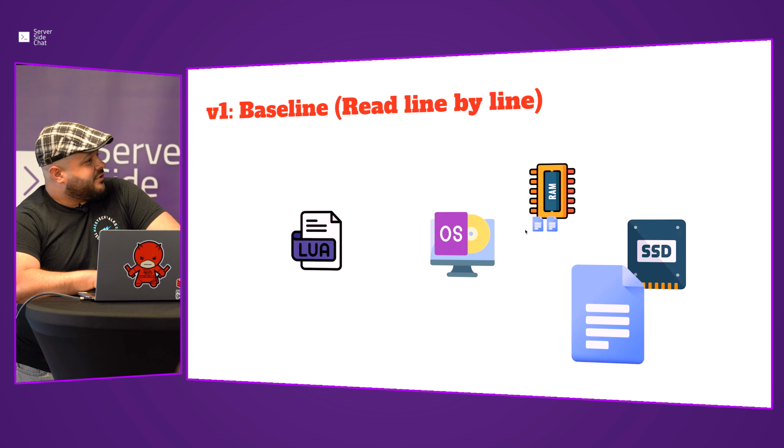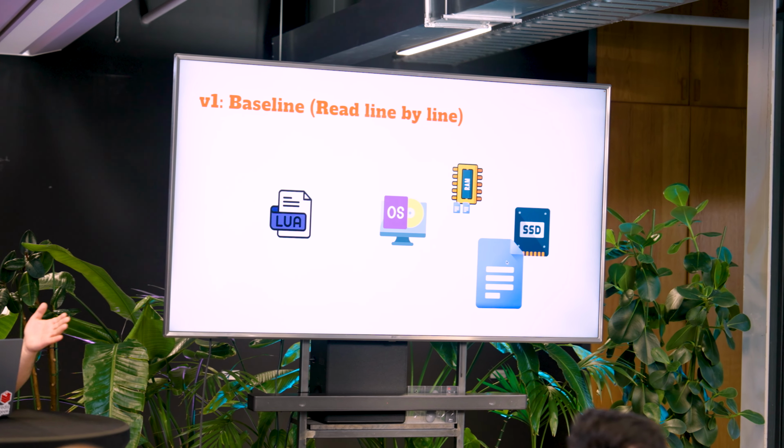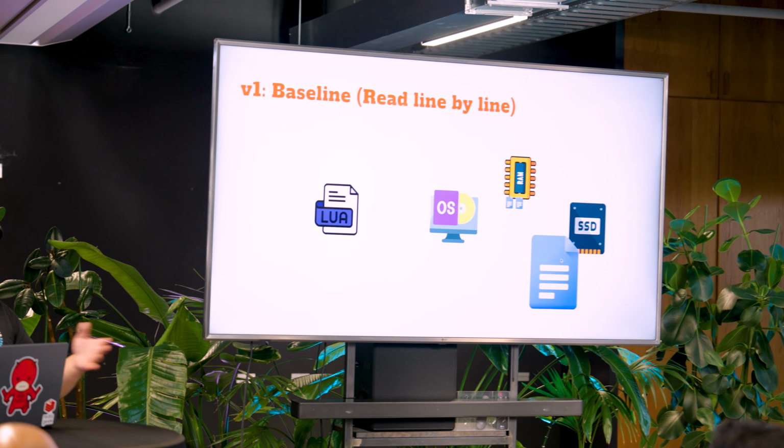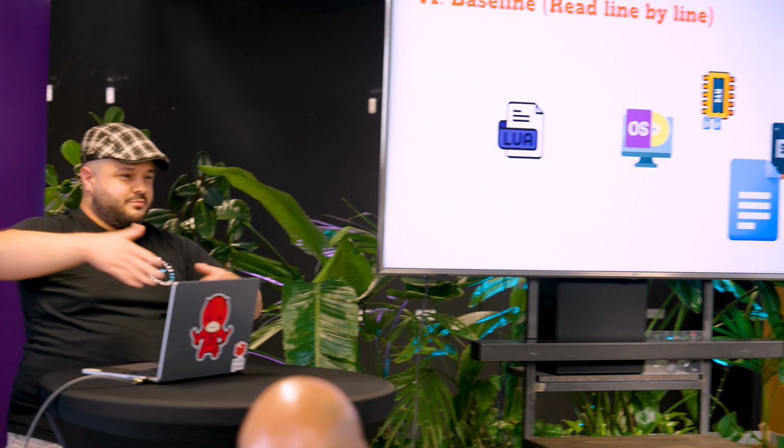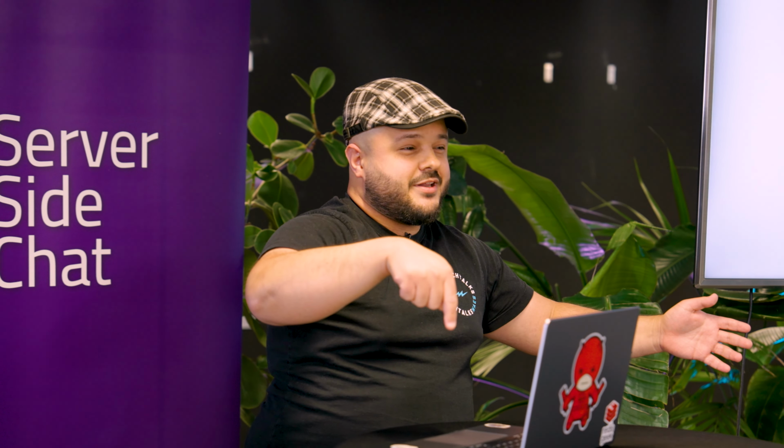After that, every time that you have to read a line, it will have to take something from your hard drive or the SSD. If you know how a file looks on an SSD, it's just a blob with a bunch of bytes. So any time you say read a line, what does it do?